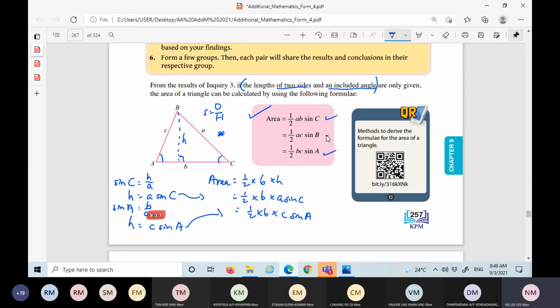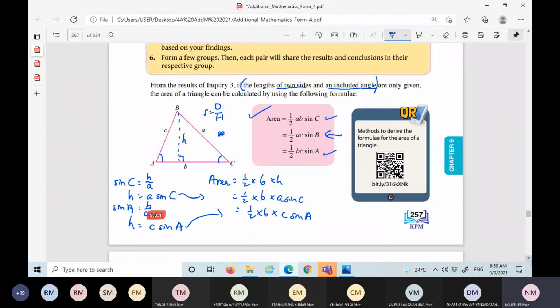Then for this one, you have to change the side. You have to change the H, maybe here or maybe here. The base, maybe you have to use A or C as a base. So this one also can be proven. So this is how you prove this formula.